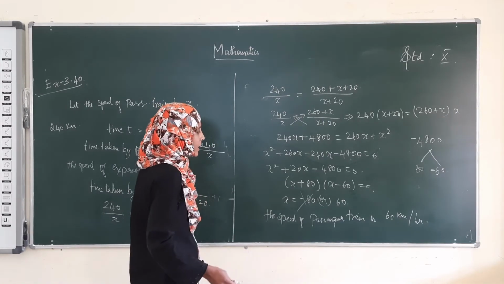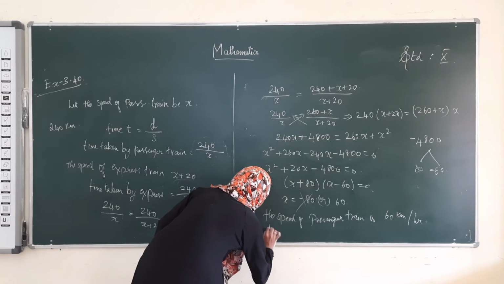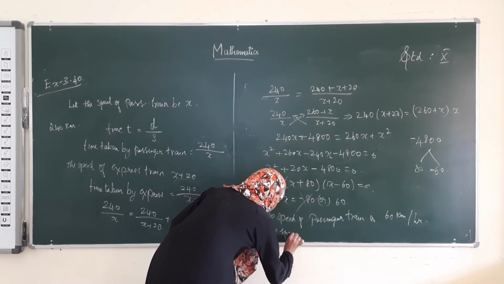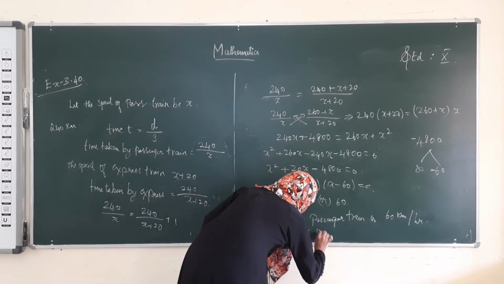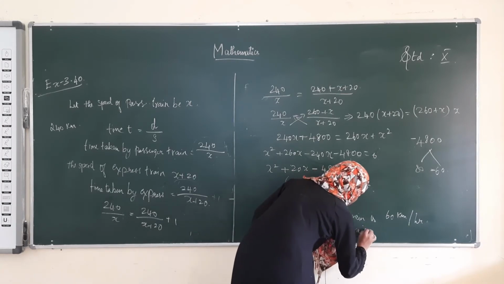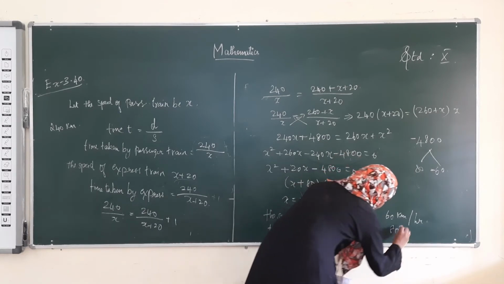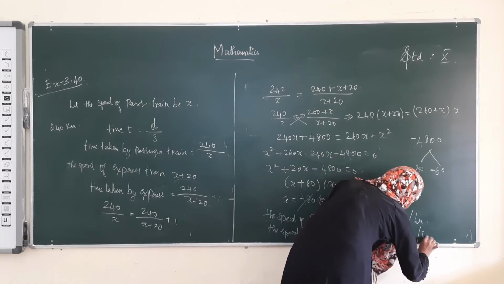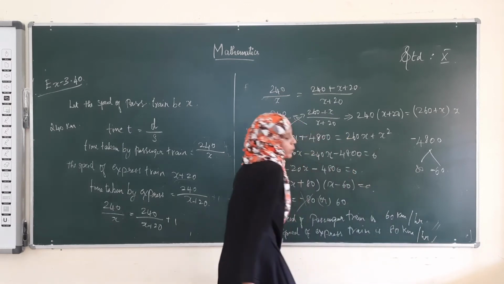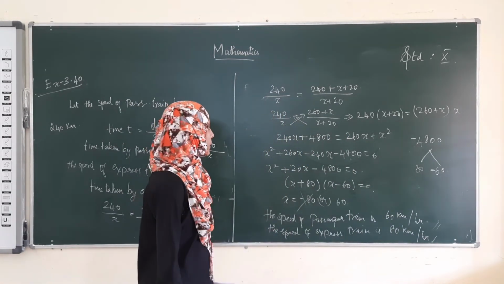Express train speed is 20 kilometer more than passenger train. Therefore, the speed of express train is 60 plus 20 is 80 kilometer per hour. You have to write the unit. What's the unit of speed? Kilometer per hour. Okay, 80 kilometer per hour.